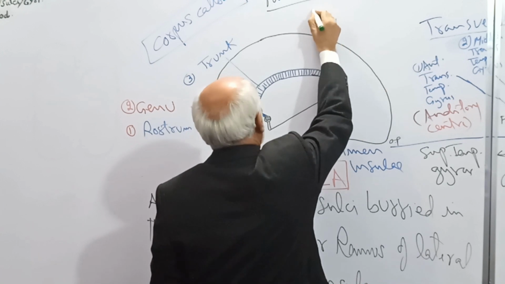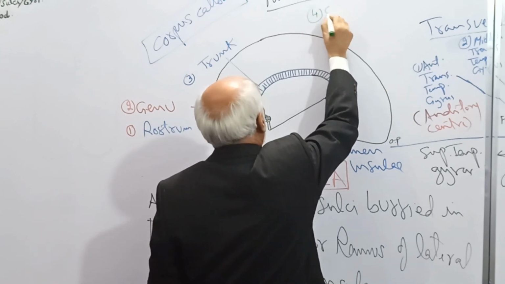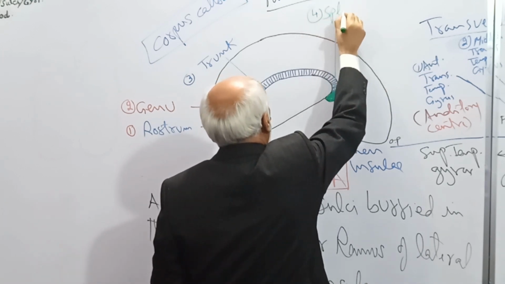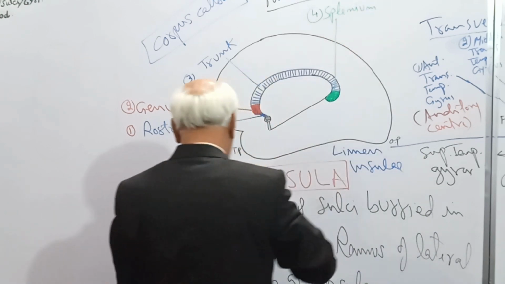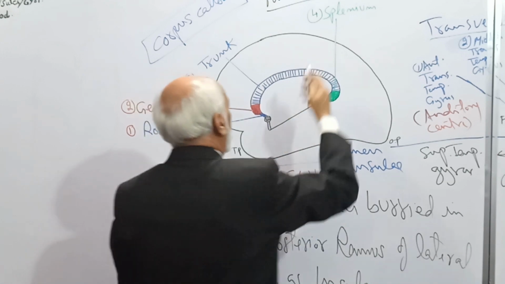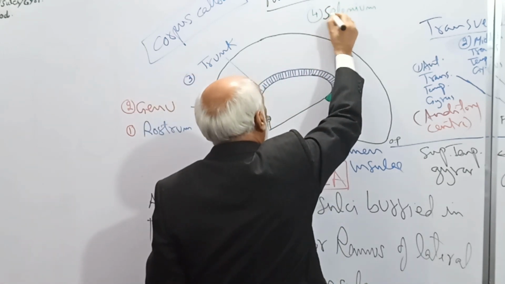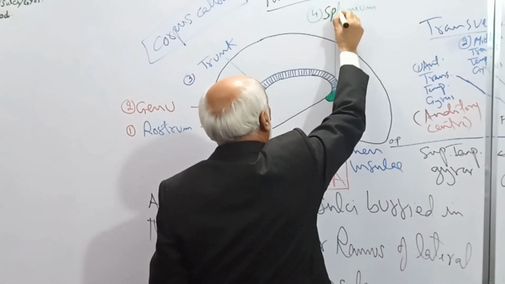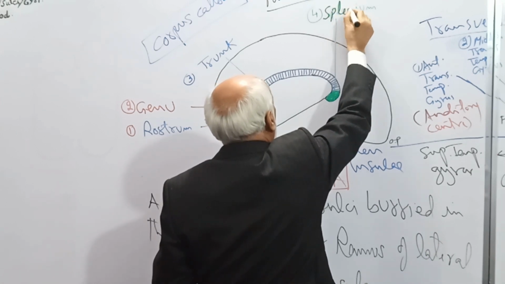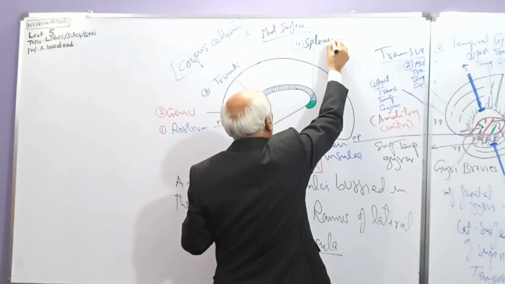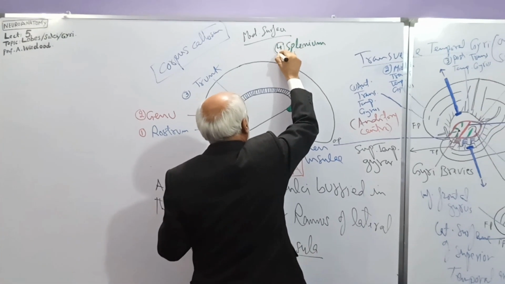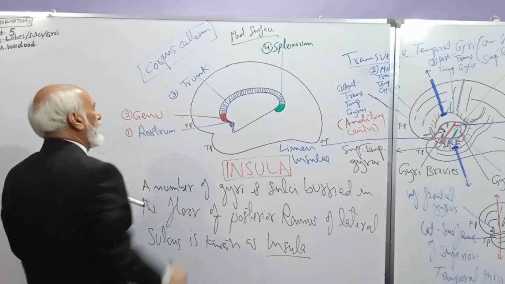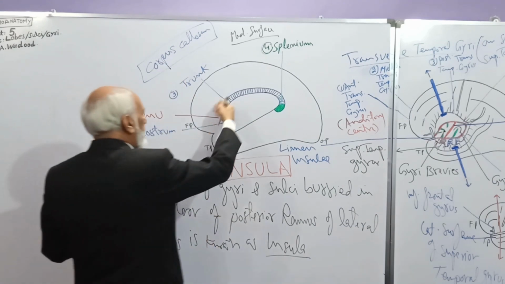This is known as the splenium of the corpus callosum. So these are the four parts of the corpus callosum, and this is a section.